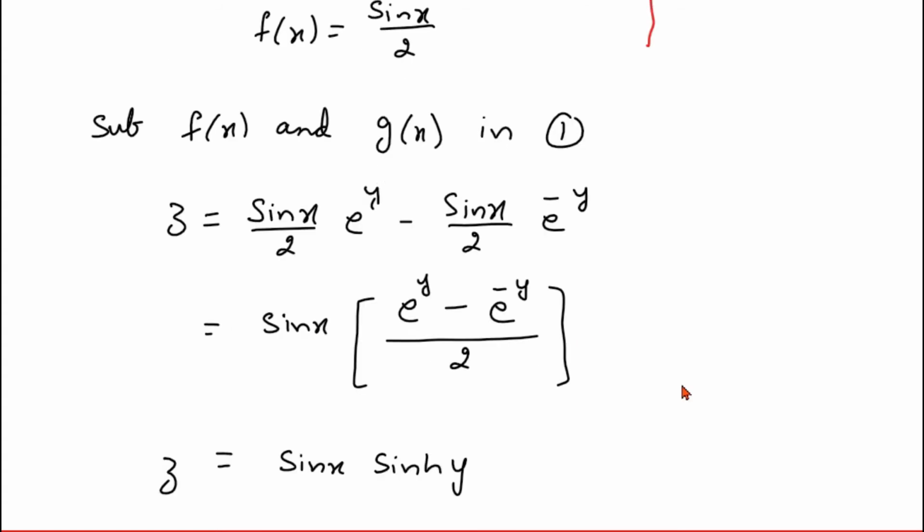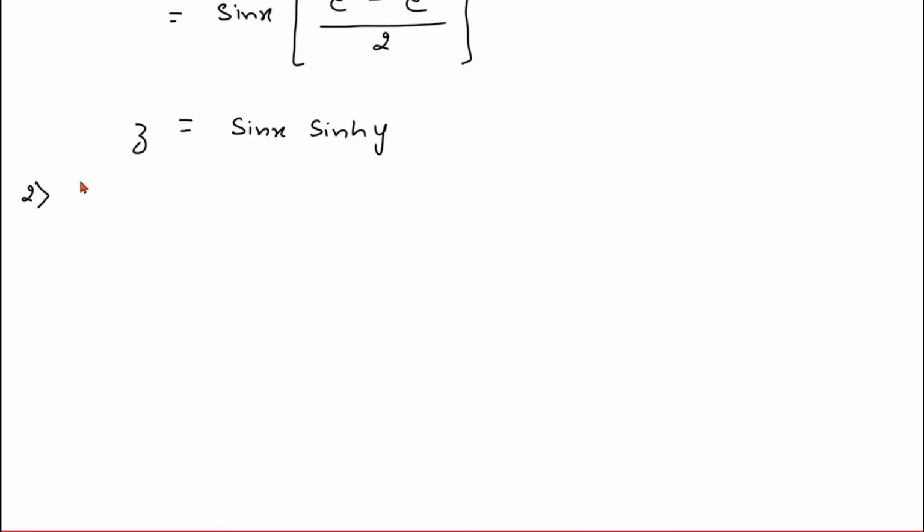So one more similar problem. Solve del square z by del x square plus 3 times del z by del x minus 4 times z is equal to 0.